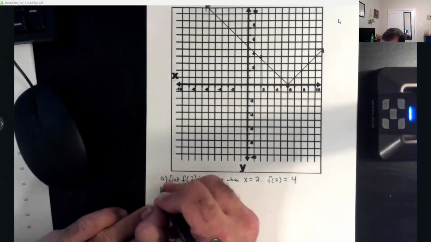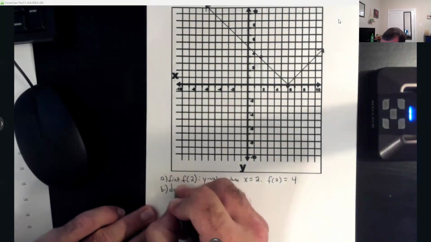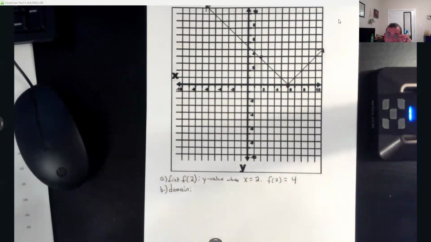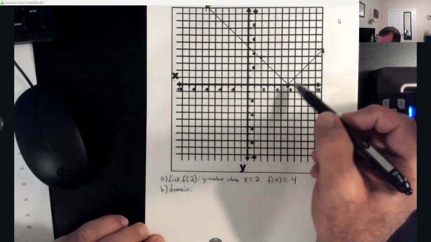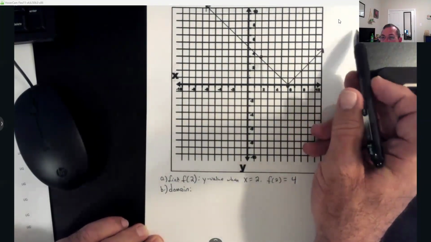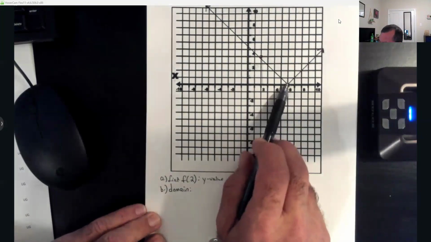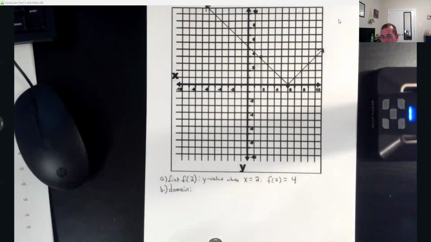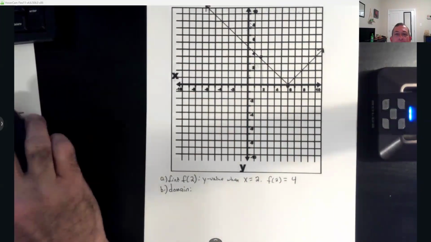Here's a different one now. They want the domain. But y'all notice, this line goes forever to the right. This line goes forever to the left. So, since these lines go on forever in either direction, let's see what my chat's saying.